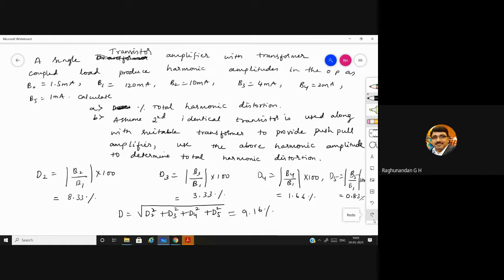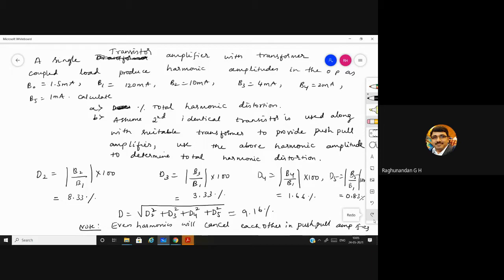So in a push-pull amplifier, you should know one thing: the even harmonics will cancel out each other. So I can write the note: even harmonics will cancel each other in push-pull amplifier. Okay, you should remember this.